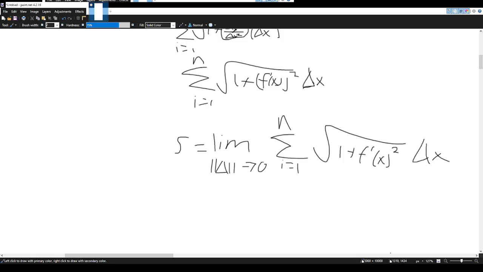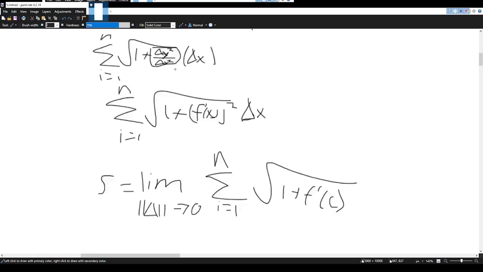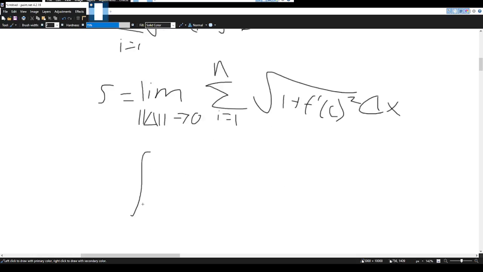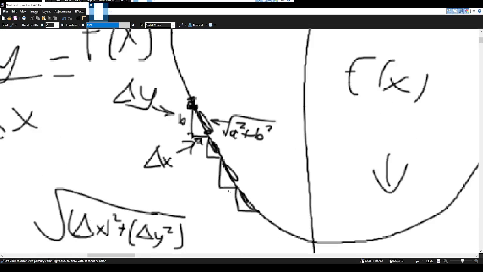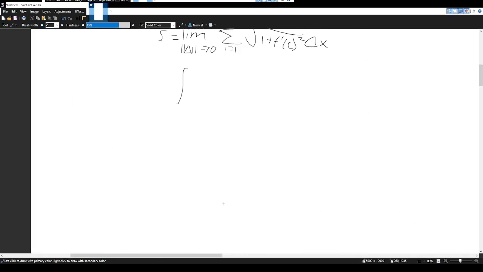Also, they write this as c, which I think actually does matter. This x right here matters because it's not just any x, it's a very specific value of x. And then delta x. And then you can go to, right, because a bunch of sums where the change is getting closer to 0, that's basically an integral.